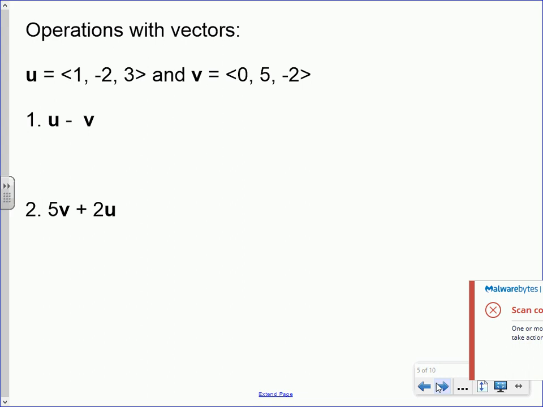Okay, so we have vector u and vector v, 1, -2, 3, 0, 5, -2. Describe to me. We need to subtract two vectors. How do we do that? Huh?